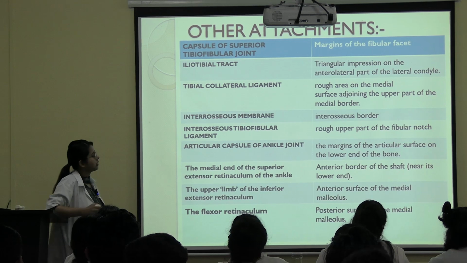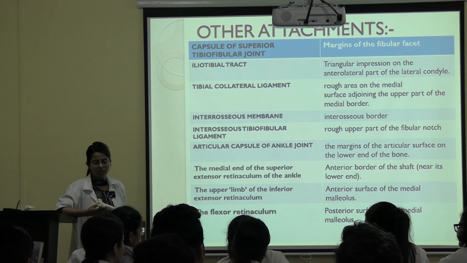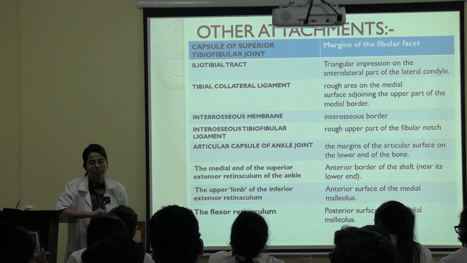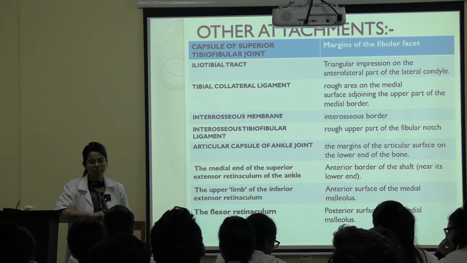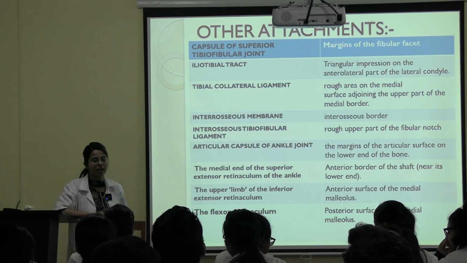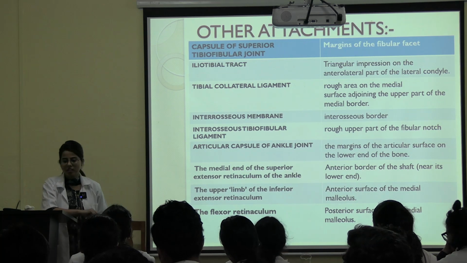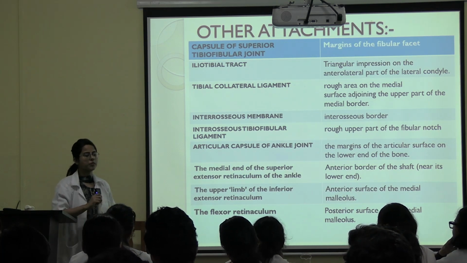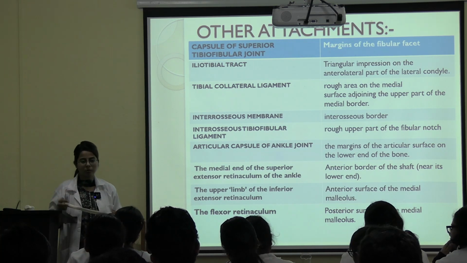Now, I told about the superior tibiofibular joint. There is one fibular facet on the posterior surface of which condyle? There is an oval articular facet, known as the fibular facet, on the posterior surface of the lateral condyle. It will articulate with the fibula to form the superior tibiofibular joint.